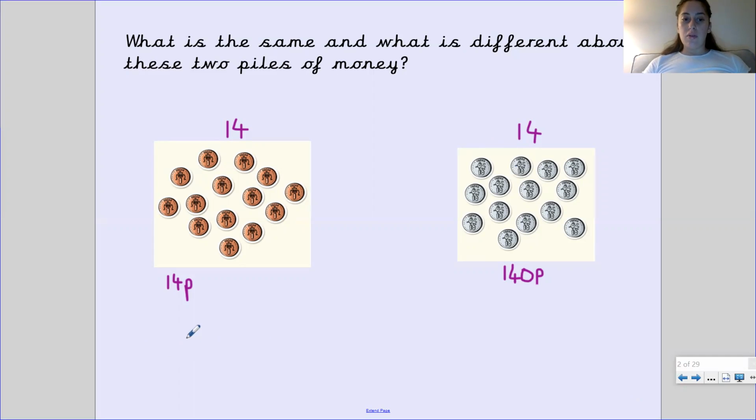Okay, so we already know the value. We calculated it. We've counted it. We want to do it a different way now. So we already know that the value of each coin in this pile is 1p.